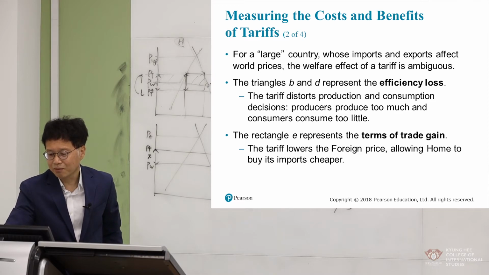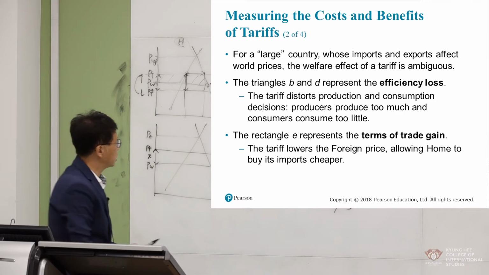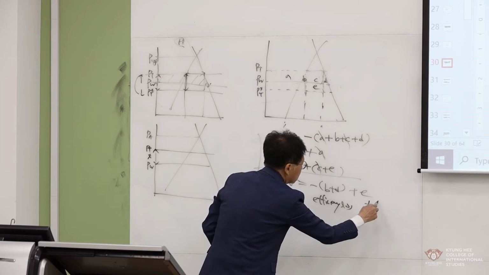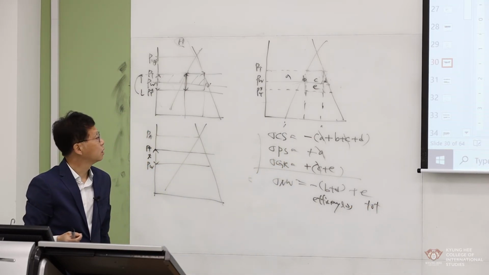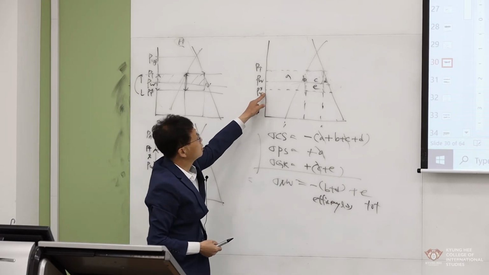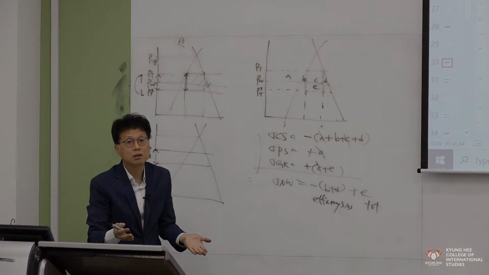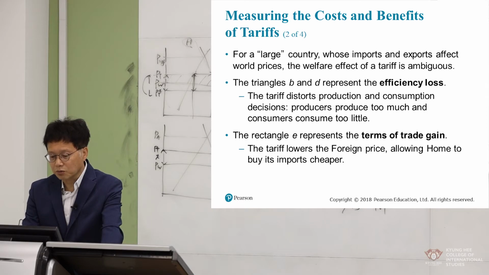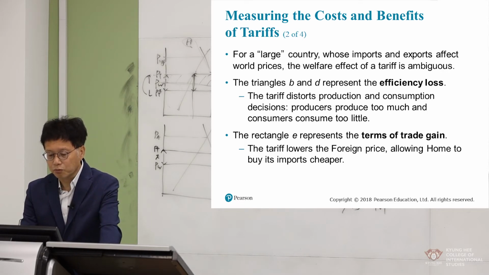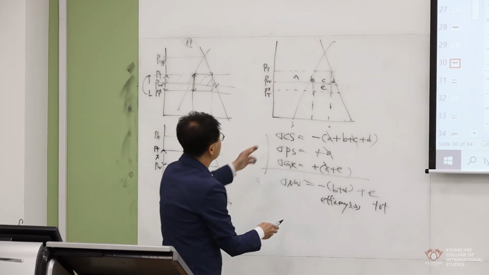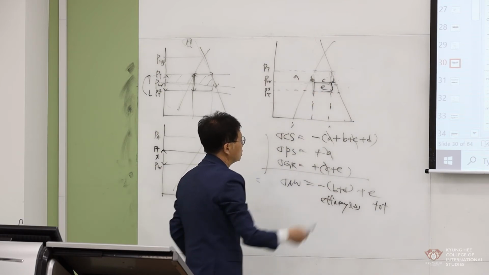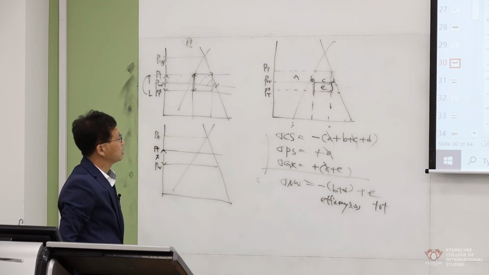The rectangle E represents terms of trade gain. We said this is terms of trade gain. Why do we say terms of trade gain? PT is the world price. The tariff lowers the foreign price, allowing home to purchase its imports cheaper. So why is this called terms of trade gain?